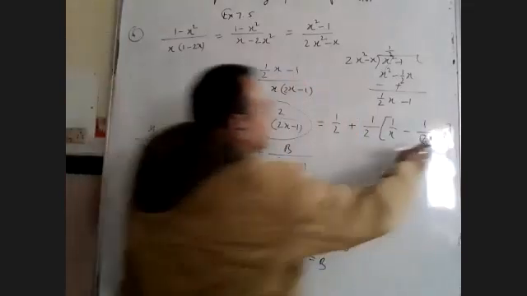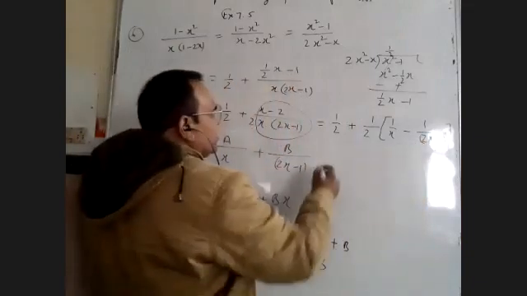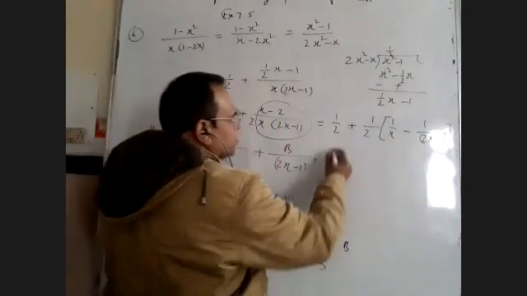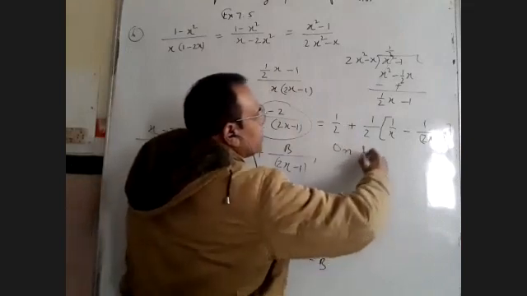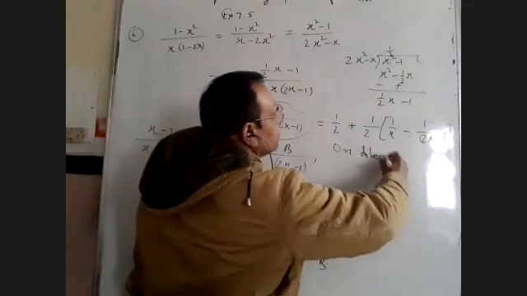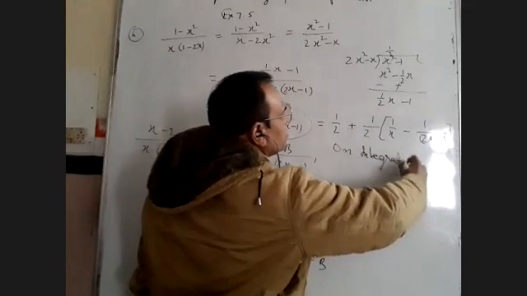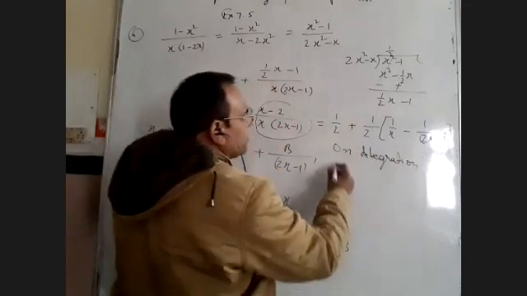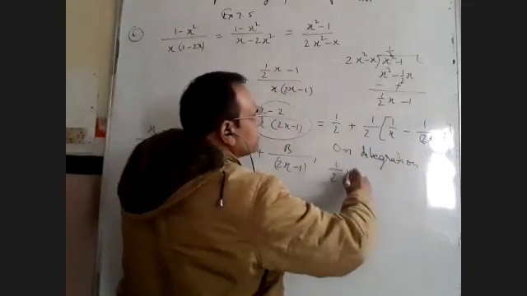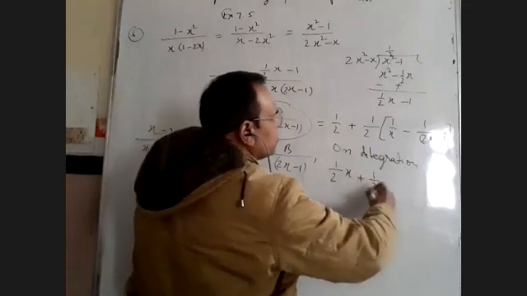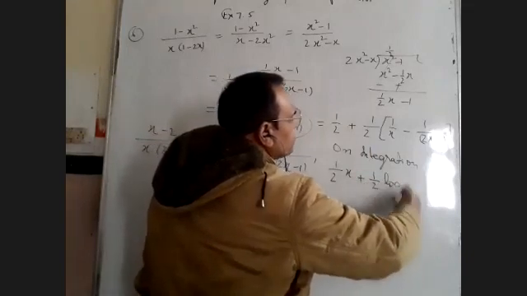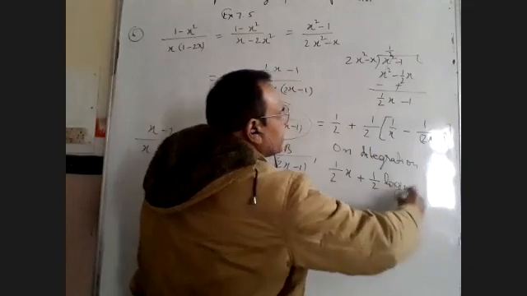Now we can integrate. Now we want to integrate. If we do the integration, on integration, what will happen? This expression को we are integrating, it becomes 1/2x plus 1/2 log x, ठीक है?